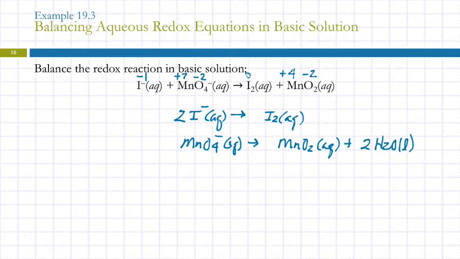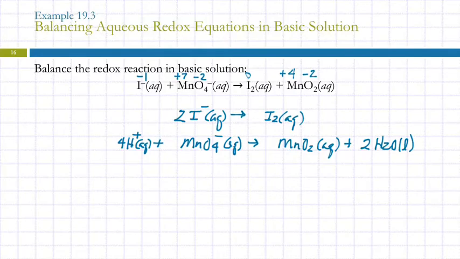Now my oxygens are good. I balance the hydrogens by adding hydrogen ions. So 4 hydrogen ions. And now I'm going to get rid of the hydrogen ions, because this is a basic solution.